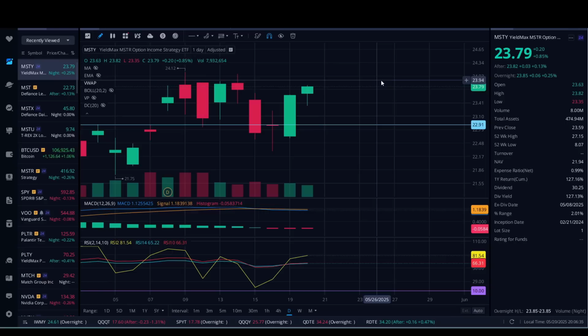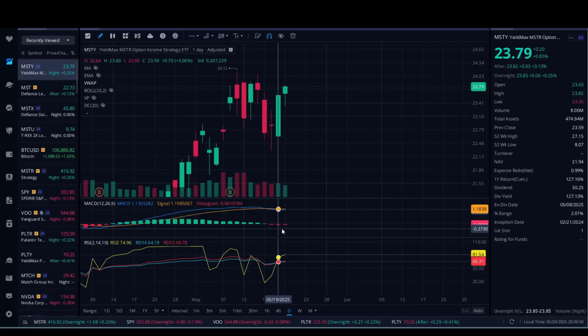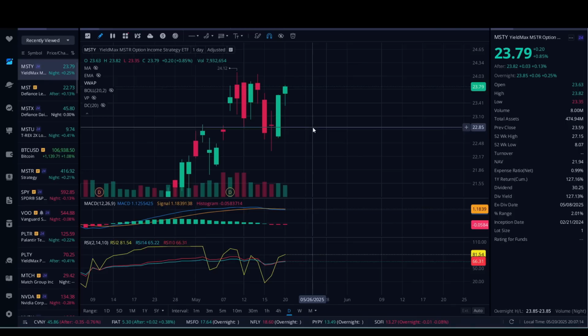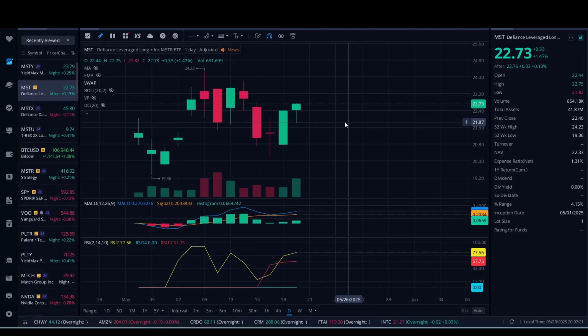Now I've switched it over to the adjusted chart here to look at the indicators. And as you can see here for MSTY, we are below that signal line. We do have a little red momentum, but the RSI is turning up slightly. And let's compare that with MST. So MST here, we actually got a bounce off of that signal line.